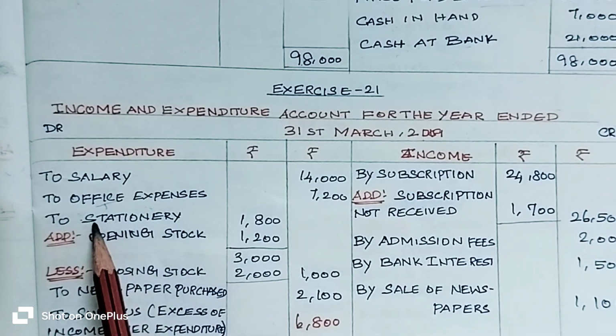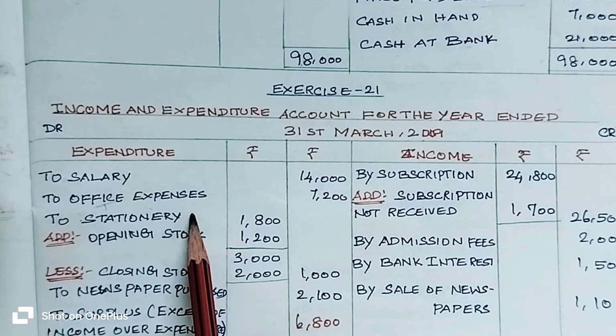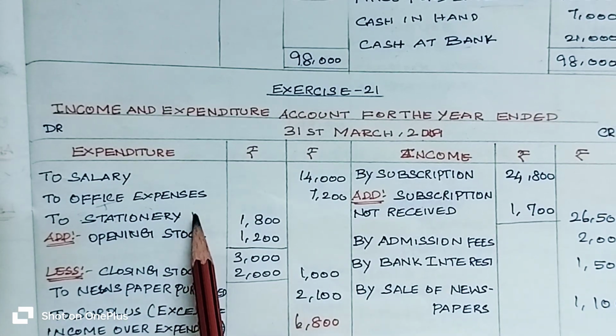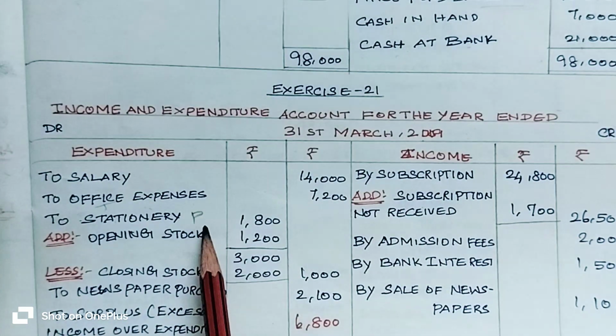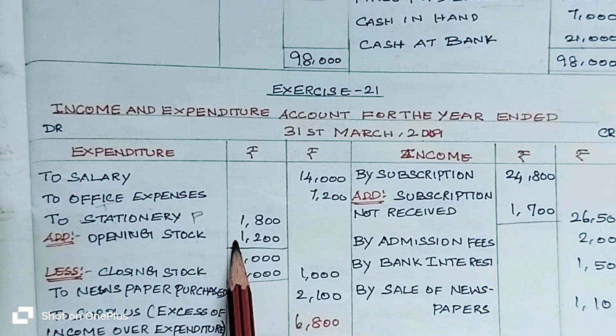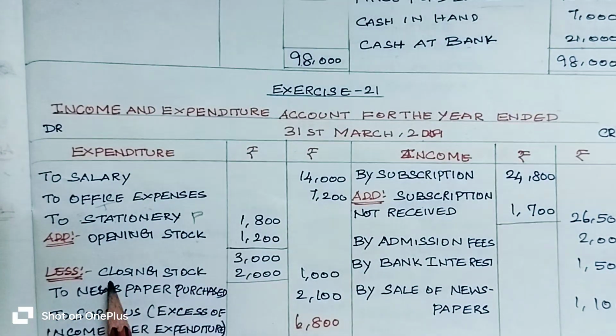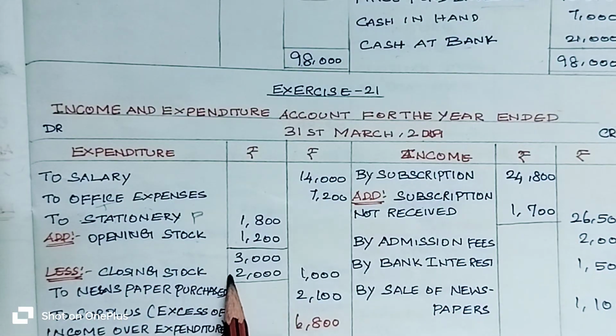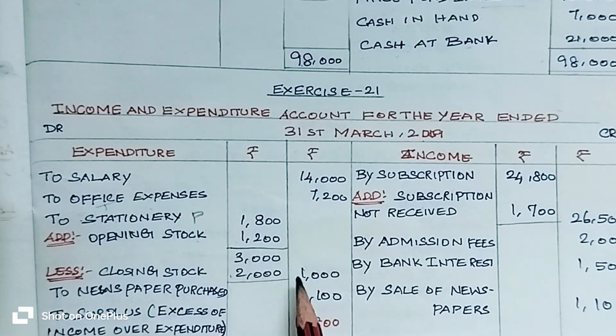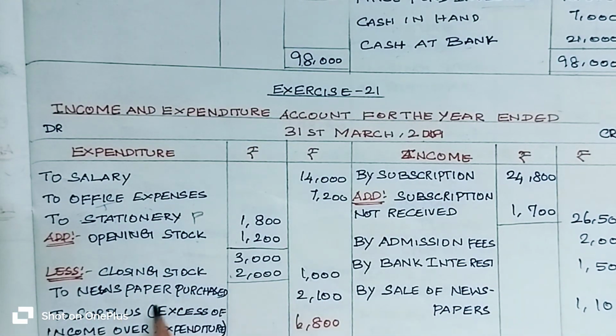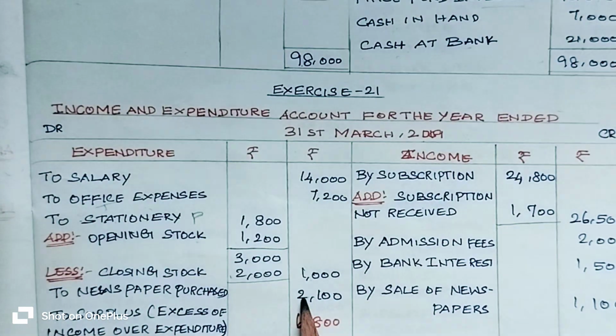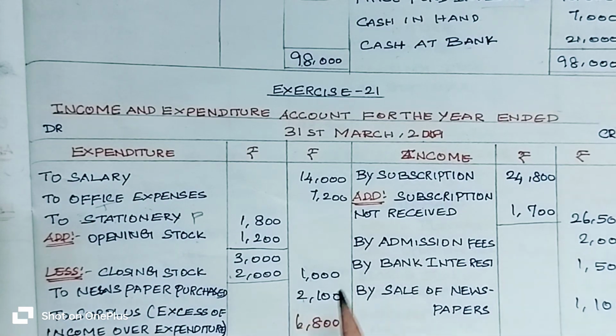With that we have to add the stationery purchased. With that we have to add the opening stock of the stationery, 1,200. Then we have to subtract the closing stock of the stationery item. Then we will get 1,000 rupees, and newspaper purchased will appear on the expenditure side, 2,100 rupees.